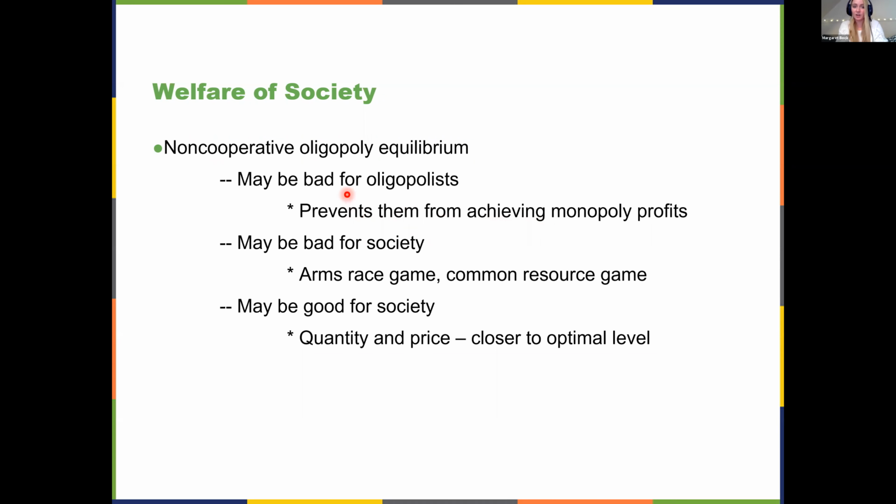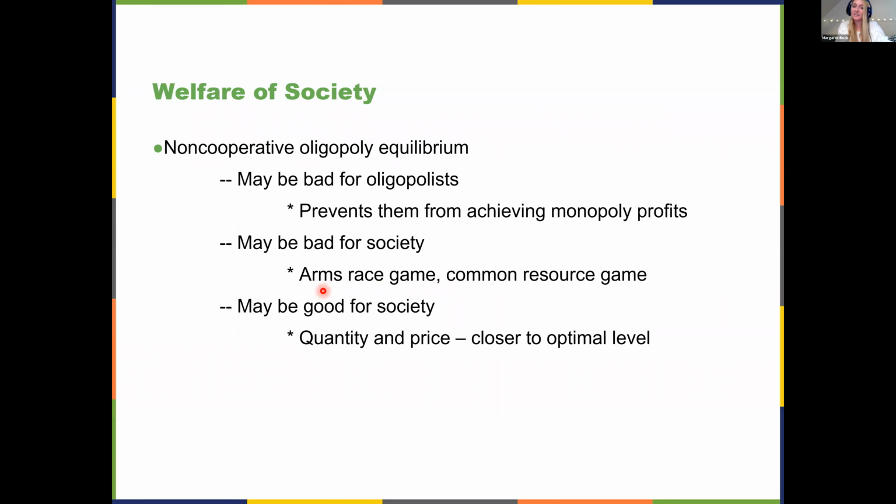So it may be bad for oligopolists to cheat on agreements. It may also be bad for society if oligopolists decide to cheat on agreements. So again, this really depends on the context in the industry and the firms that we're talking about.